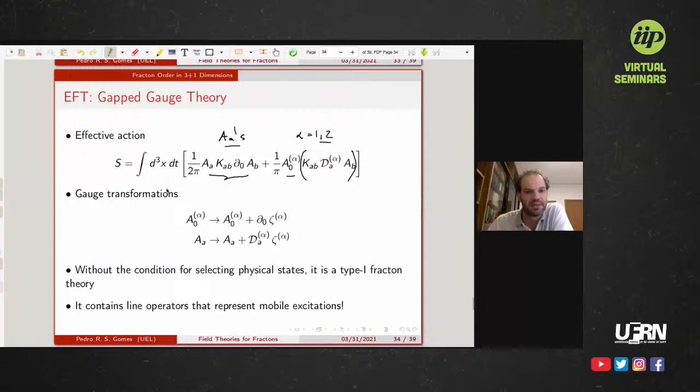This theory is invariant under gauge transformations like this, right? And without the condition for selecting physical states it is just a type 1 fracton theory, right? So in this case, without that projection, it contains line operators that represent mobile excitations, okay?